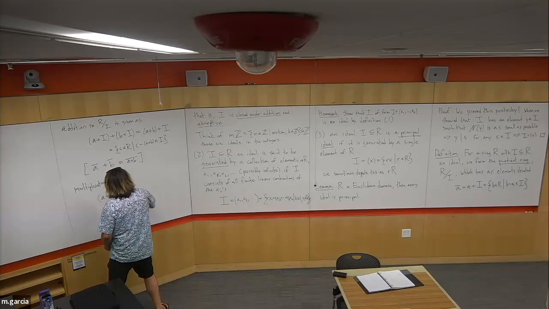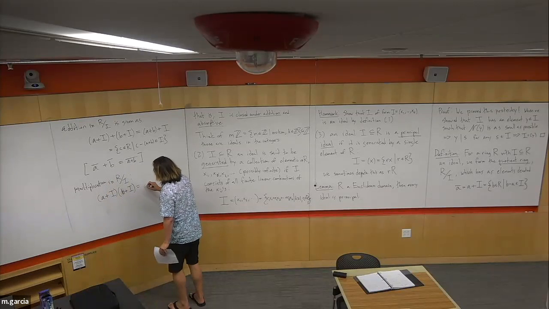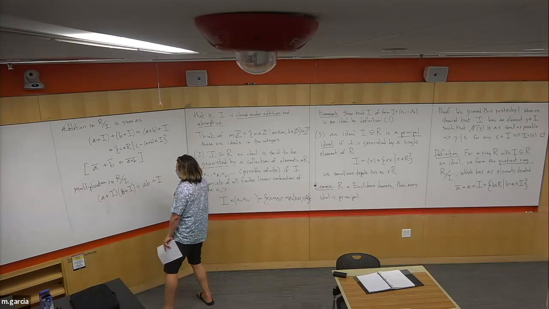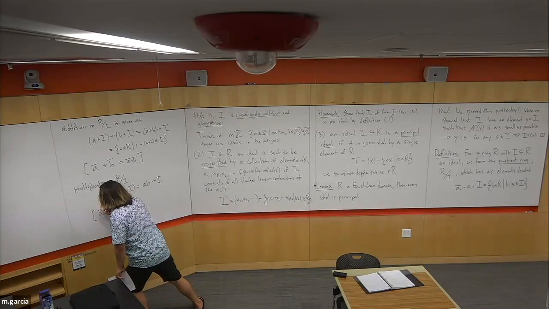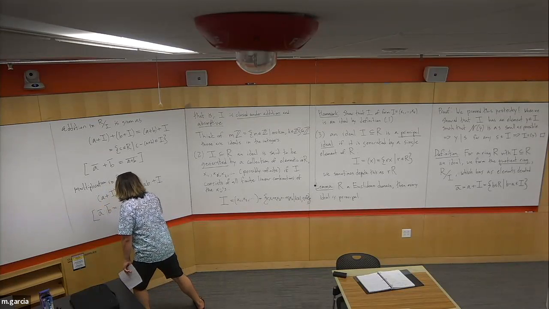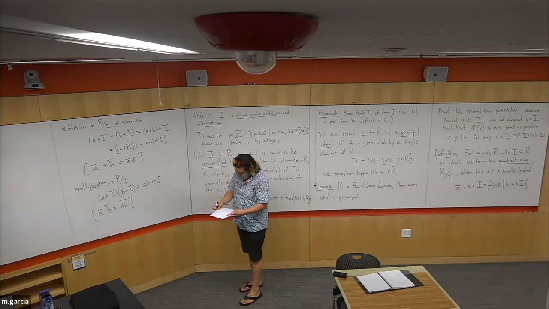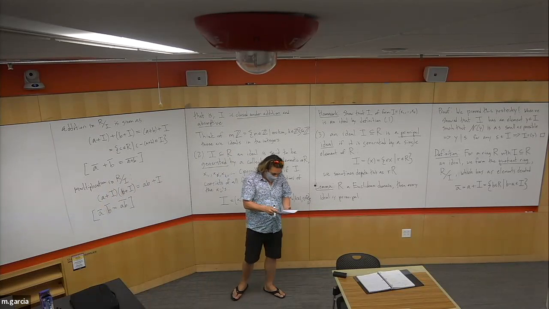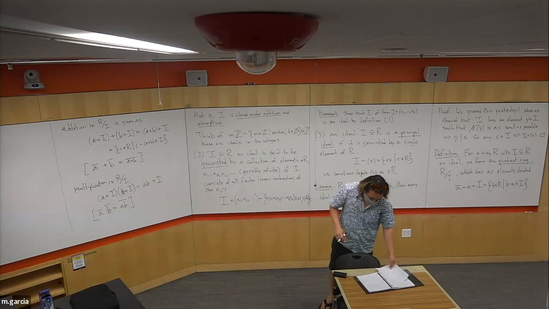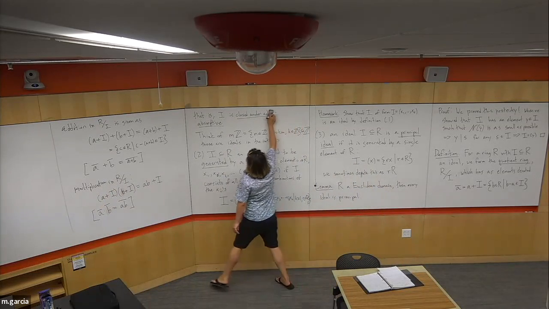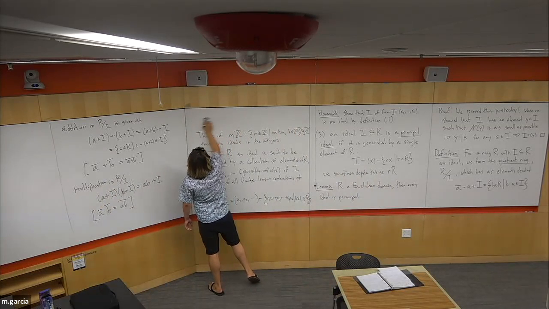We have A plus I times B plus I is just equal to AB plus I, or if you like, A bar times B bar is equal to AB bar. Really, it's not a whole lot going on here. That's different from what we have been working with already.